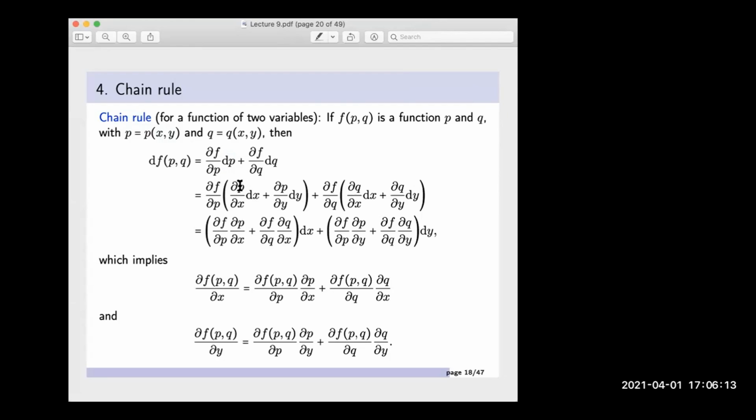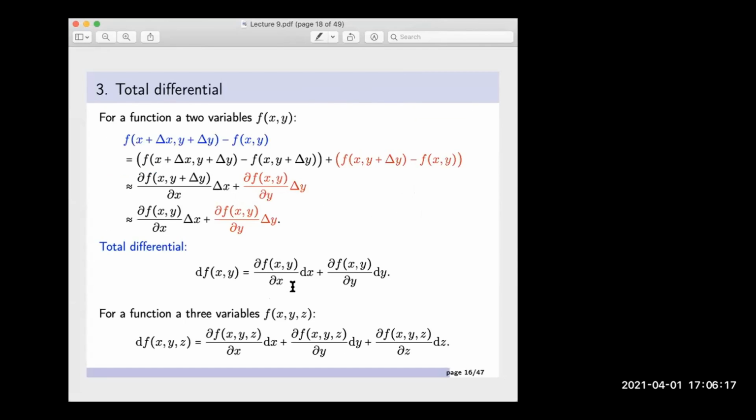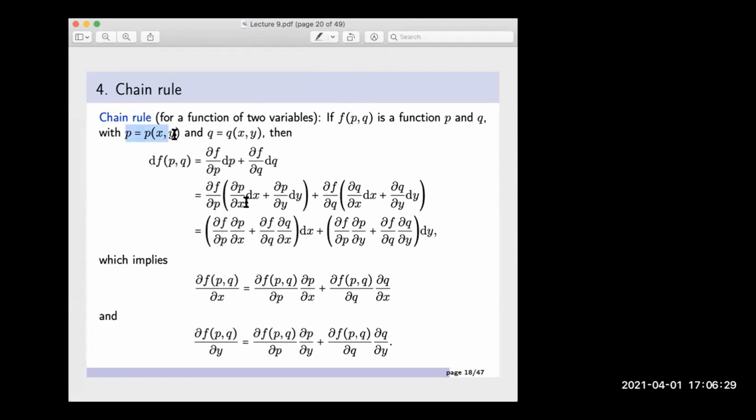This is exactly the formula in the previous page. We just change f to p. If you change f to p, you get the derivative of p in x times dx, derivative of p in y times dy, and that's the formula.